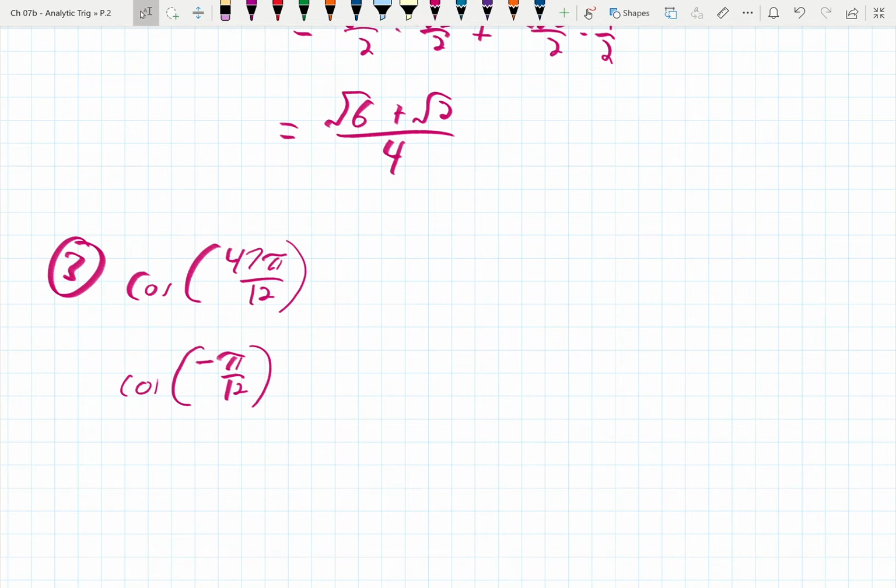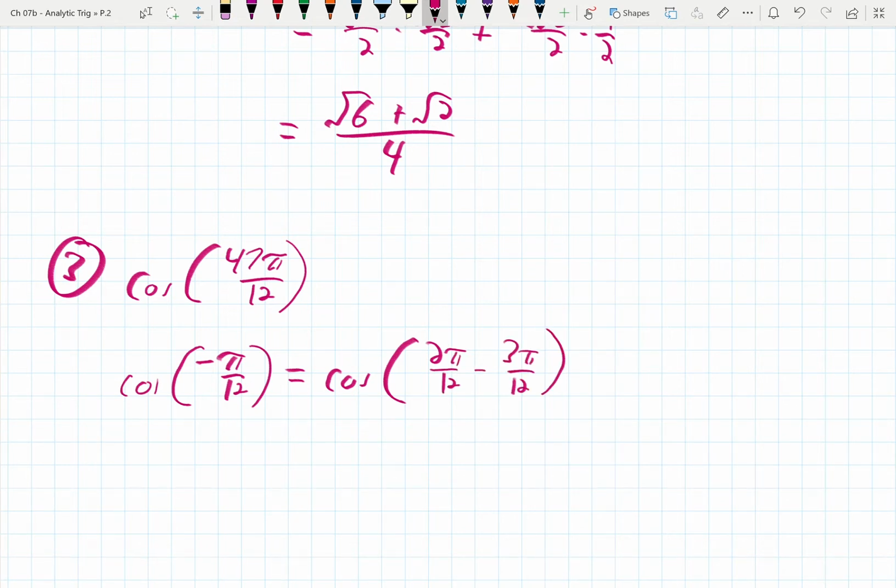When you're dealing with 12ths, you've got a couple options. If you have to convert it back to degrees to get your sums and differences going, I understand, because we're dealing with fractions. What I'm going to do is play it out and say, well, I know that 3 over 12 and 2 over 12 will simplify to stuff that I know. So negative 1 is 2 minus 3. That's one way to get it. So I'm going to make that 2 pi over 12 minus 3 pi over 12.